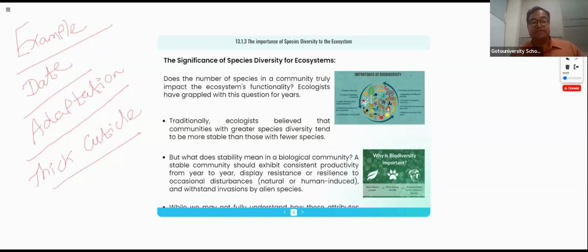So the date plant has a very good amount of adaptation with thick cuticles. Thick cuticles play a crucial role in reducing the heat exposure to the plant, right?